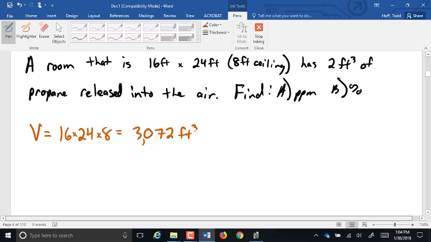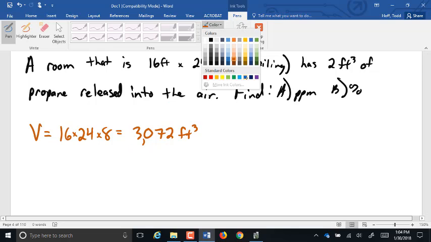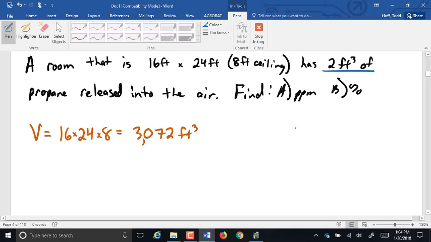Cubic feet. We have 2 cubic feet of propane. I was going to say 15 gallons of propane because that's how it's usually measured, but I didn't. I'll save you guys that conversion from 15 to 2 cubic feet.